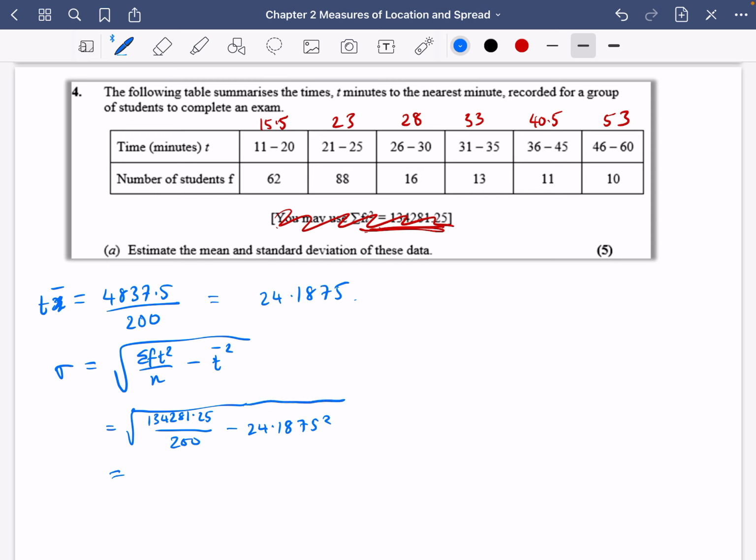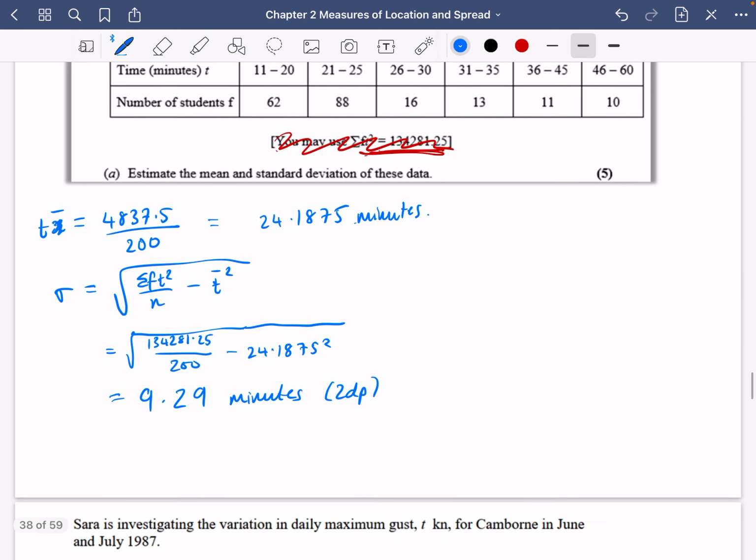Again, I don't actually even need to type this in my calculator because I've already got the answer recorded in the summary statistics. So it's 9.29 minutes. I should have just said minutes.